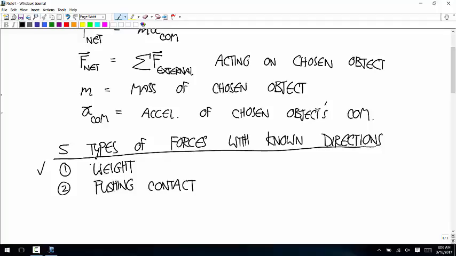First, it's perpendicular to the surface of contact, but that only narrows it down to 2 possible directions, right? Is it toward the chosen object or away from the chosen object? Toward, that's right. So we talked about that.